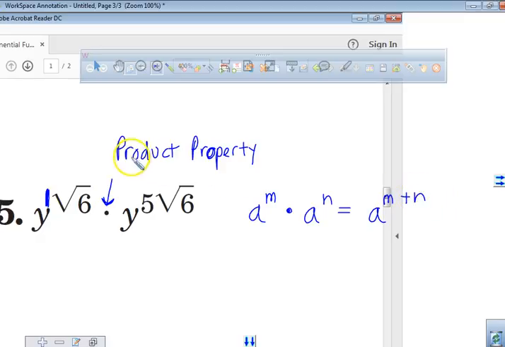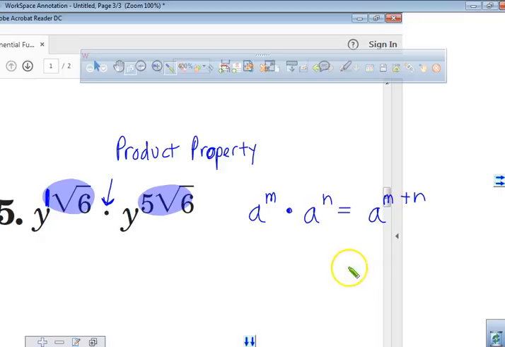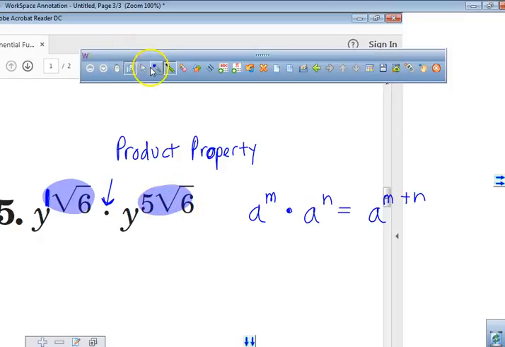In the product property, what are we allowed to do with this exponent right here and this exponent right here? This is when you add the exponents together. So if you have 1 radical 6 and you add 5 radical 6, how many radical 6s do you have? 6.